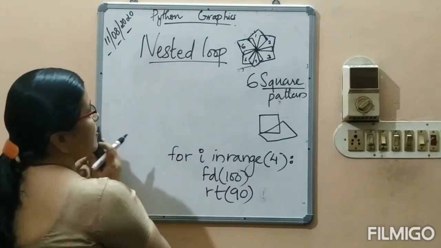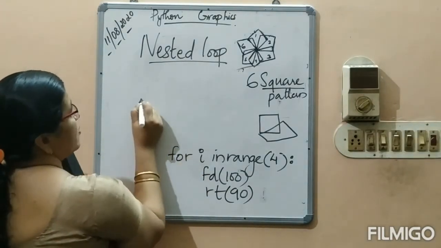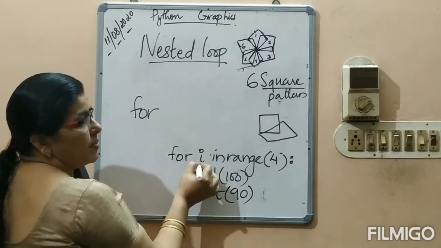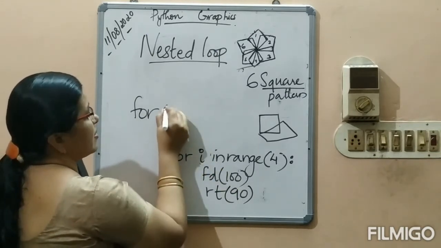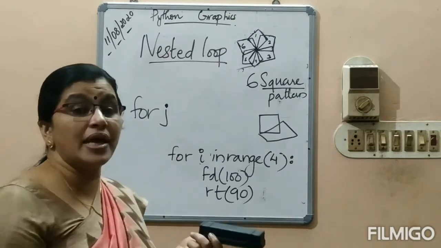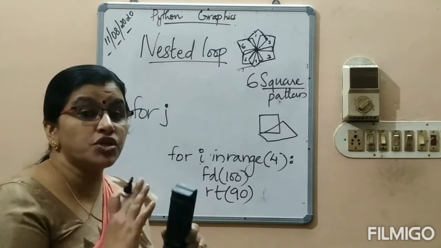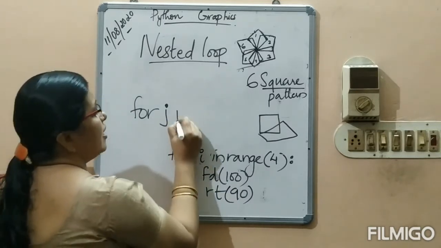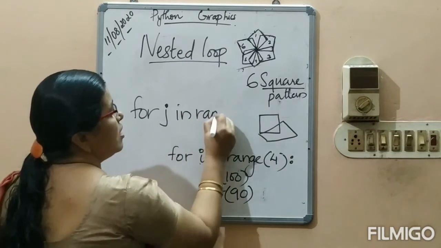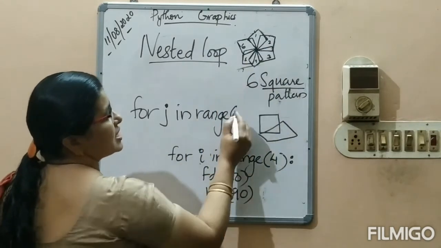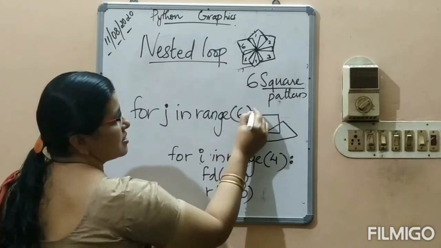See, you have to write for. Here you have used the variable i, so I am using j. You can use any variables from A to Z, but it should not be repeated. For j in range 6, for 6 squares.